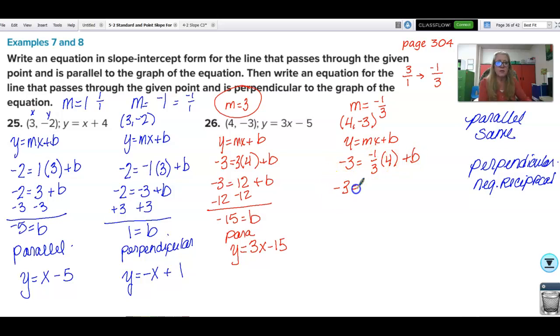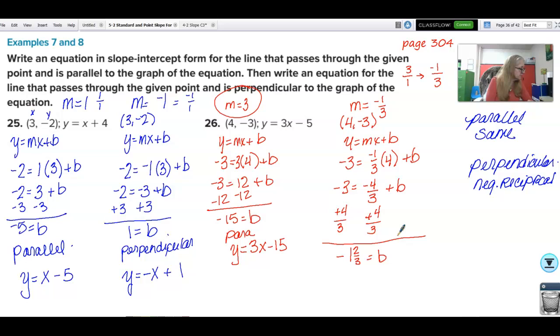Negative 3 equals negative 4/3 plus b. And then I need to add 4/3 to both sides. 4/3 is 1 1/3, and if I took 1 1/3 away from 3, that would give me 1 2/3. So negative 1 2/3 equals b.